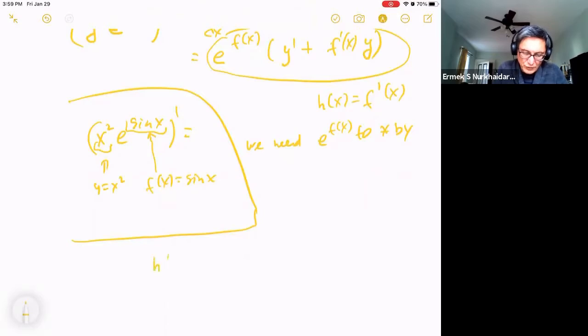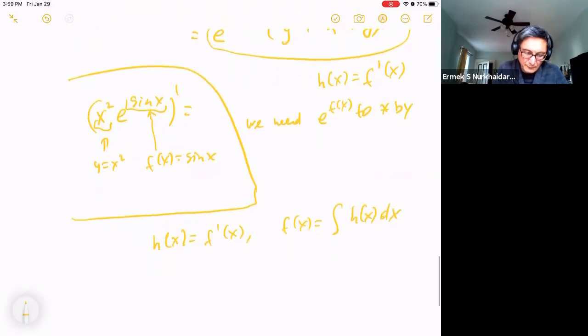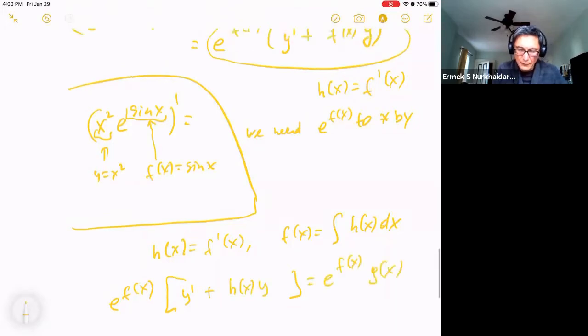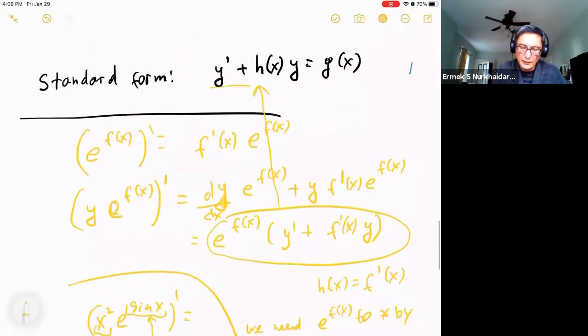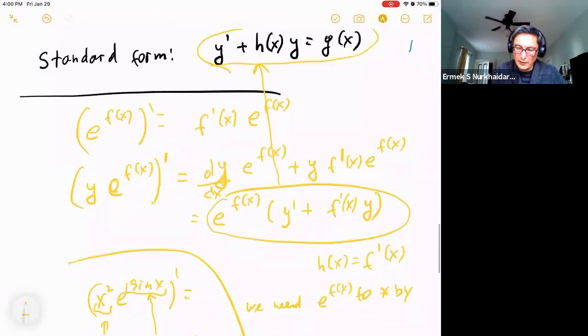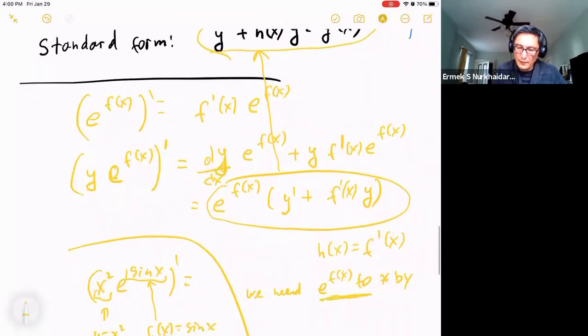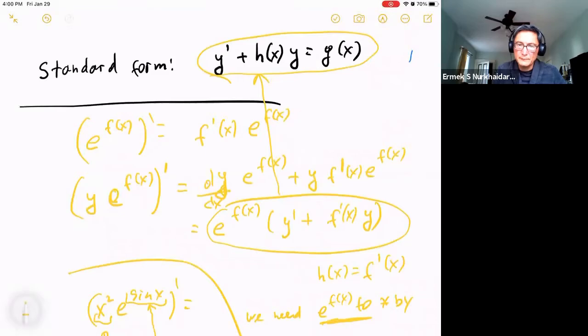If we see that, then let's rewrite. We're assuming that h equals f prime of x, which means f of x equals the integral of h of x dx. So we multiply by e to the f of x: y prime plus h of x y equals e to the f of x times g of x. I did it for this equation, multiplying both sides by e to the f of x.